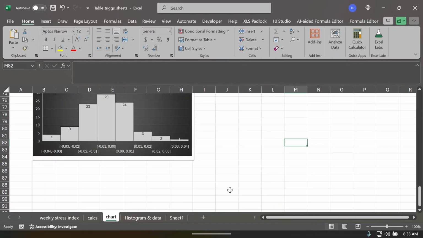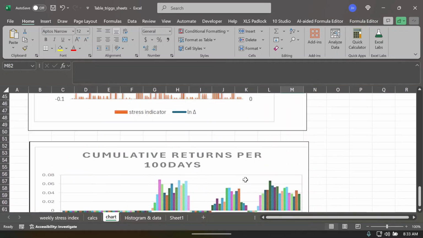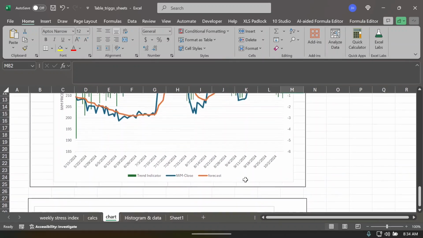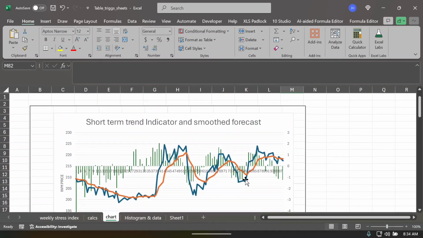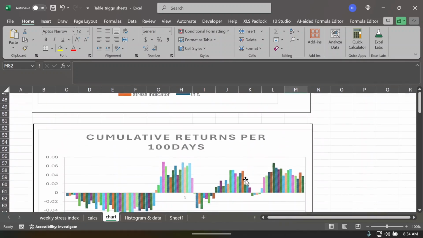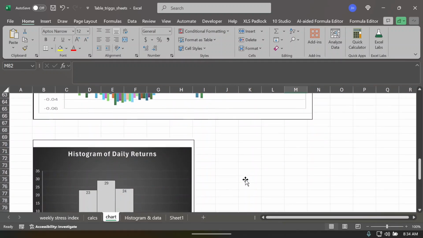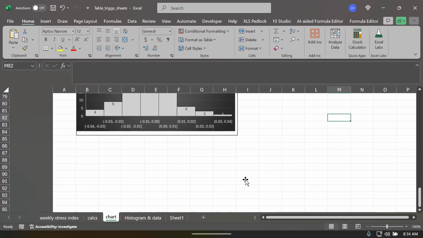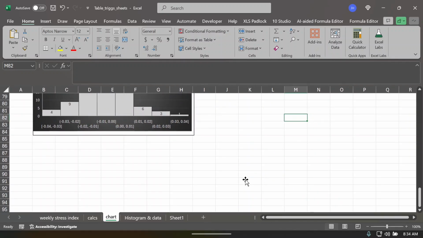Where's the data? Oh, that's the chart again. Short-term trend indicator, stress indicator, cumulative returns per 100 days, histogram of days. So I've duplicated the chart.